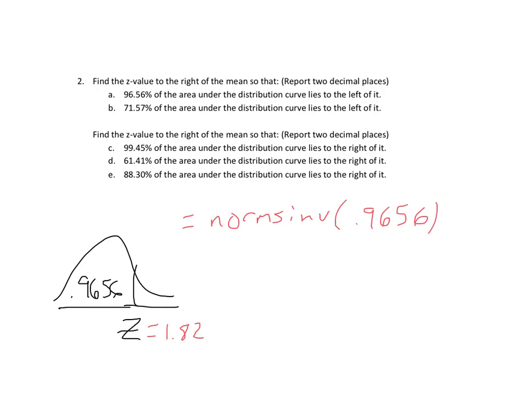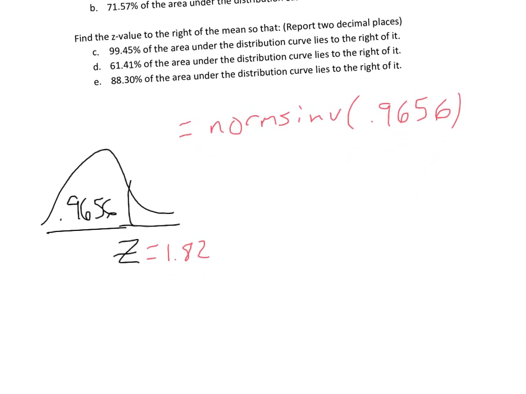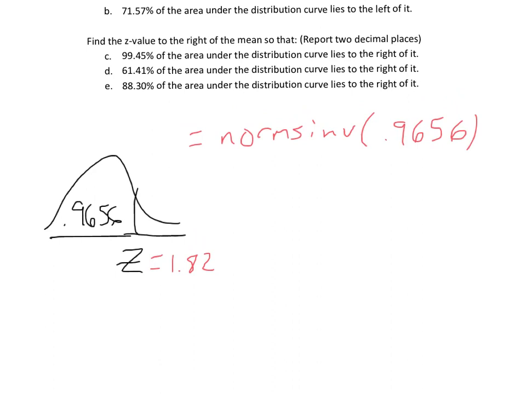Okay. For B, we'll slide this up some. B is very similar, except the area inside is 0.7157. I again can grab my table and see that Z is 0.57.